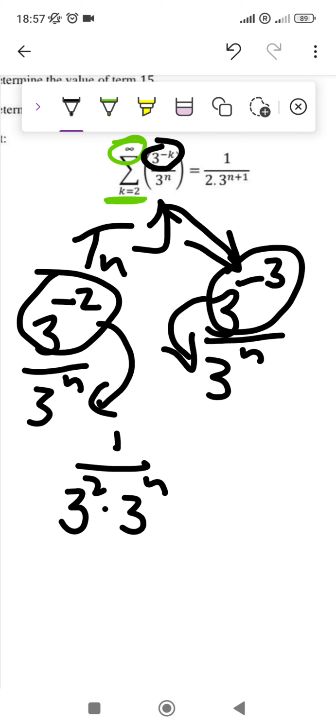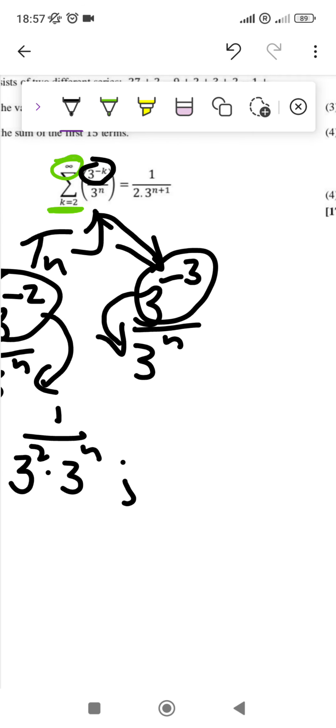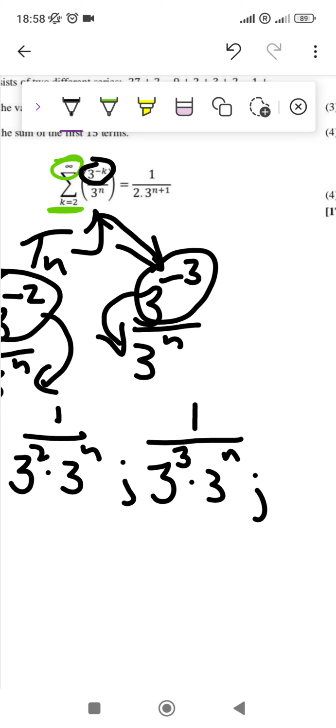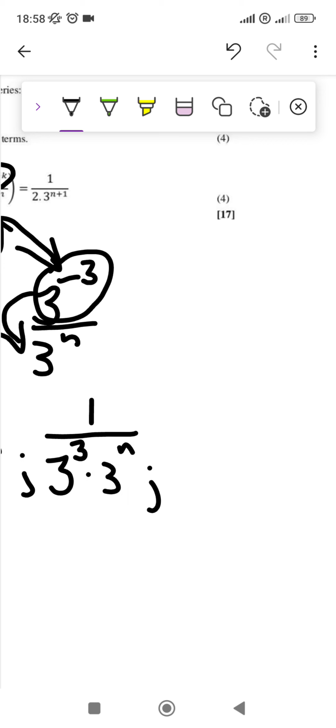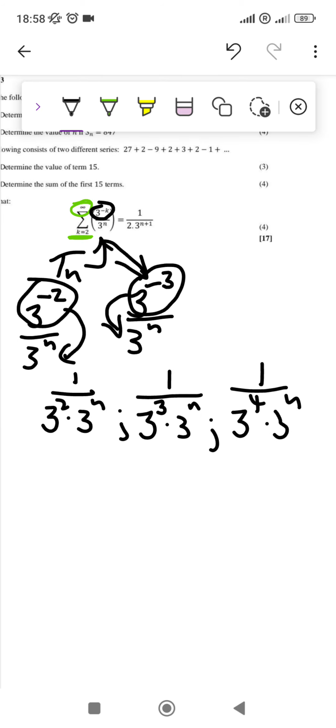So our second term would equal 1 divided by 3 to the power of 3 times 3n. There's term 2. Term 3, similarly, you just put a 4 in there, and I can already see the pattern being formed over here. This will look like 1 divided by 3 to the power of 4 times 3 to the power of n. So that's the sequence that we can see over there.